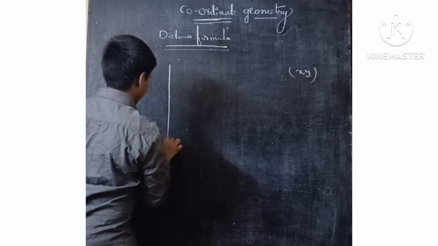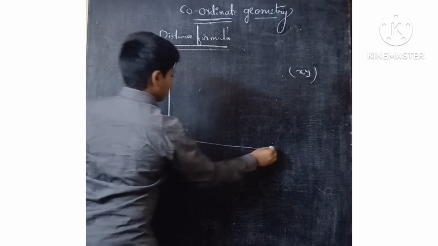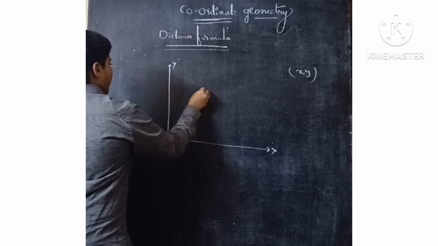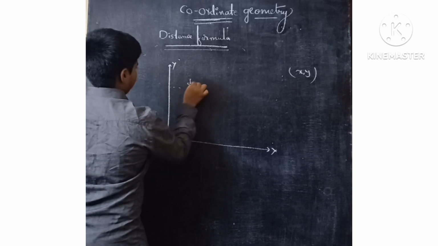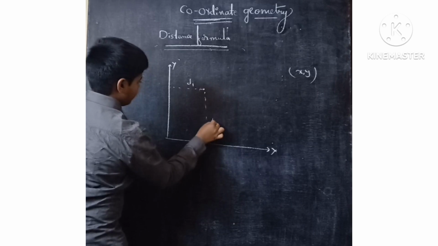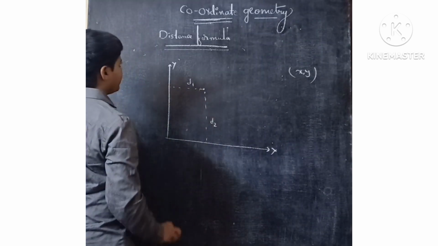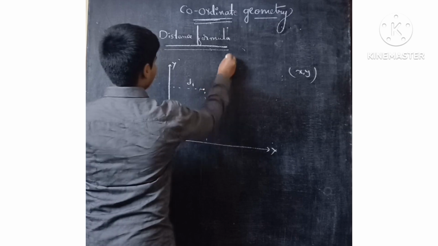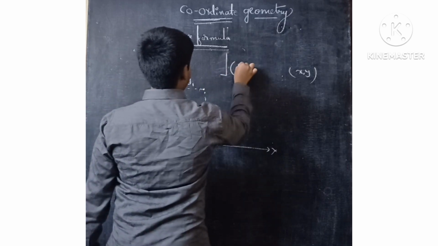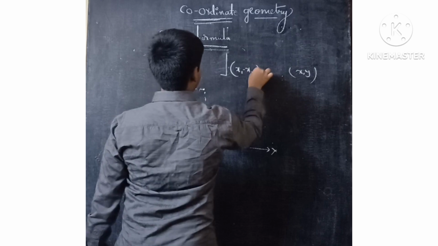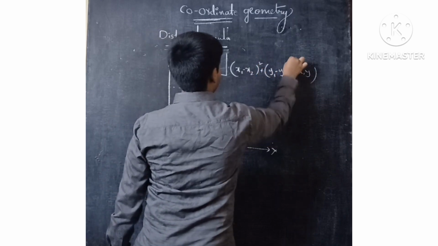If I take a coordinate axis like this, and here one of the objects is there, I am taking this as D1, D2. So the distance formula is the root over x1 minus x2 whole square plus y1 minus y2 whole square.